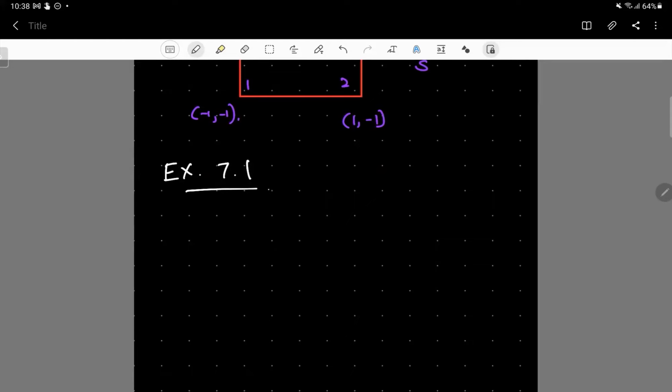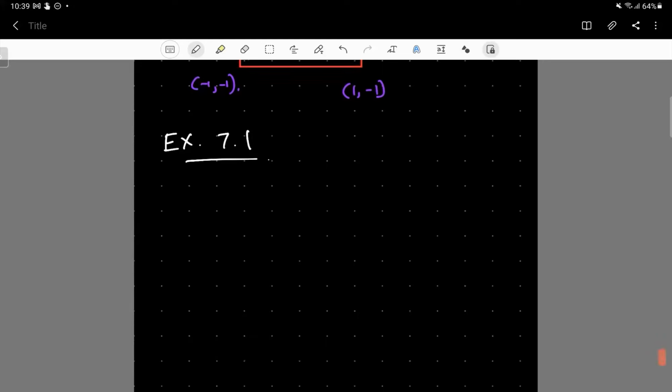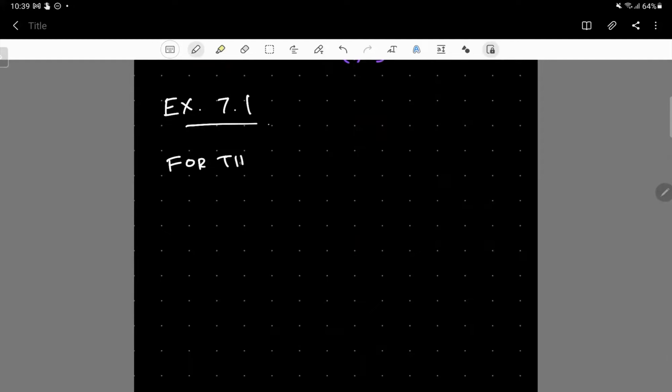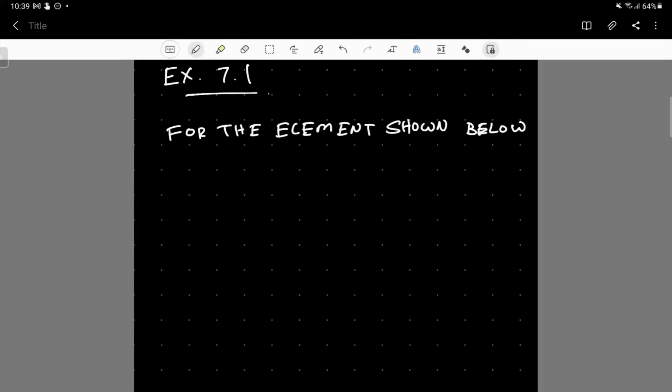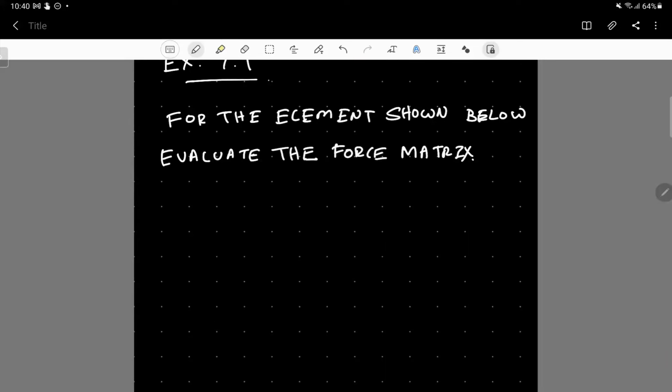For this particular plane element, which I will draw now, try to find the force matrix using energy equivalent nodal forces by using the equations which we just derived. The task is, for the element shown below with the uniform surface traction along edge 2, 3, evaluate the force matrix using energy equivalent nodal forces.